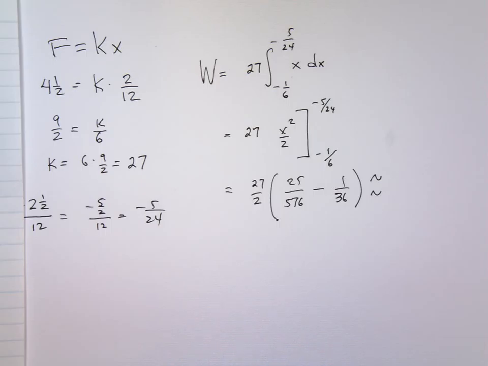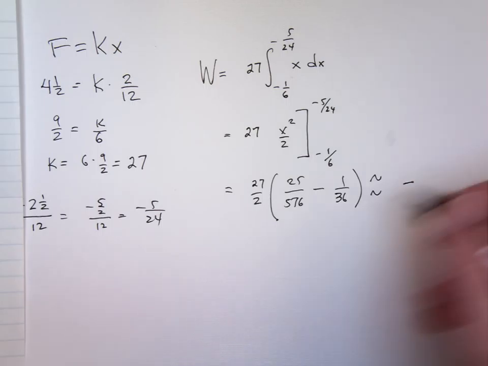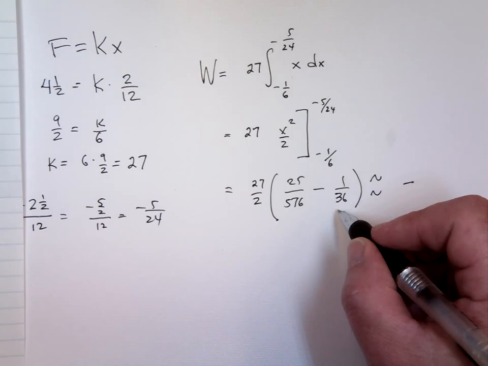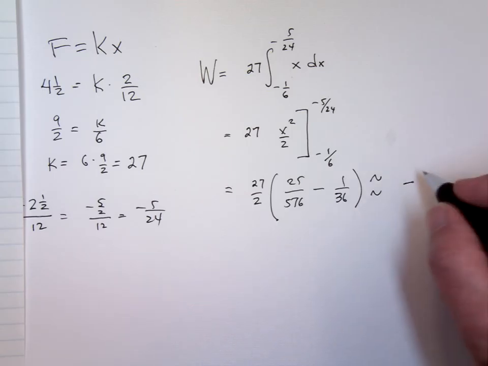I got negative 0.0198. Is that about right? I'm not sure you're going to get a negative out of this.